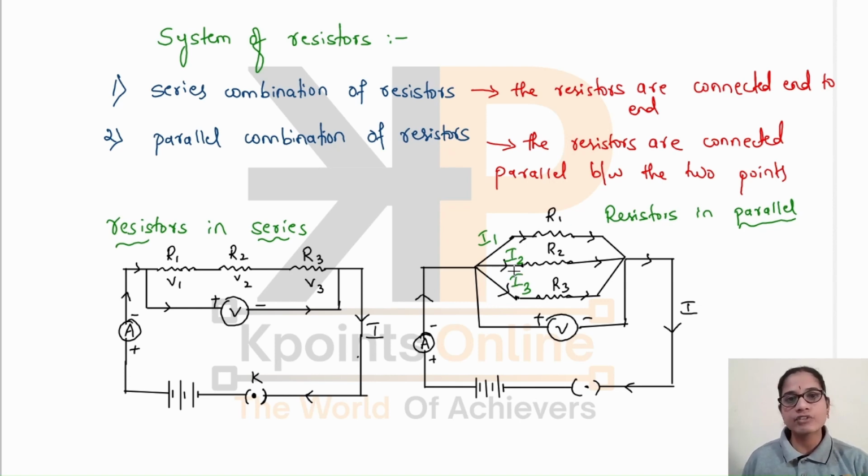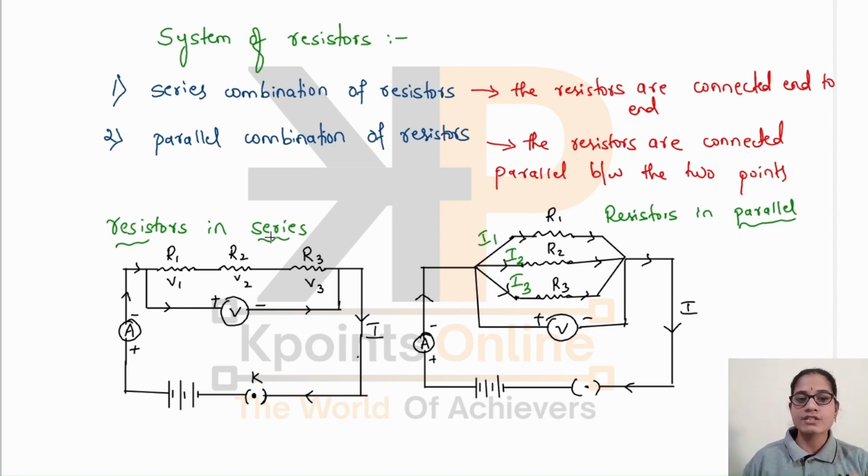I1 flows through the R1 resistor, I2 through R2, I3 through R3. And once the current comes out of the junction, it will be the total current I again. So in series combination, each resistor has the same current, whereas in parallel combination, the current gets divided.